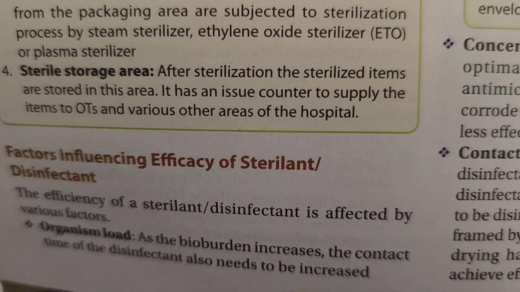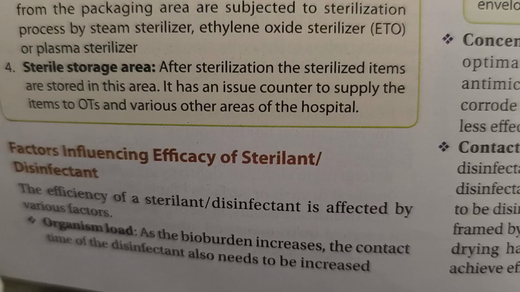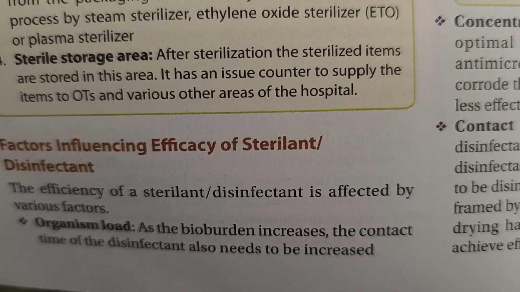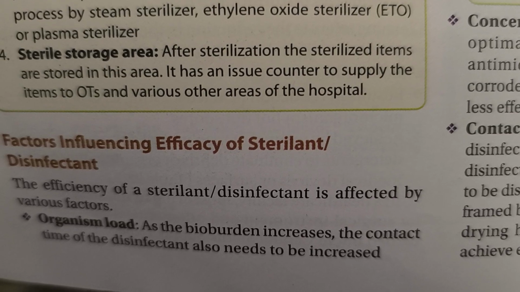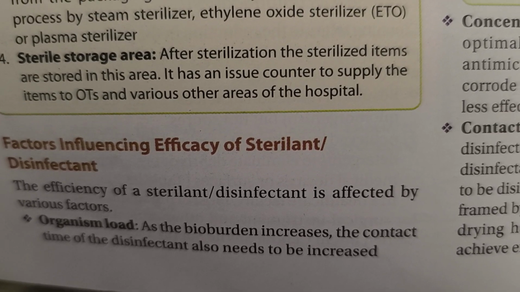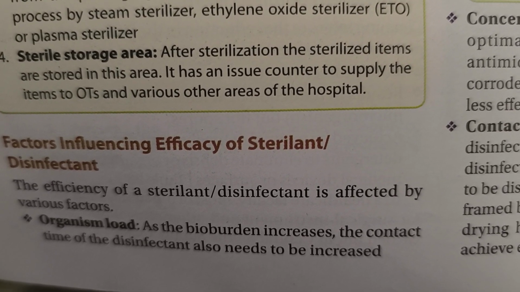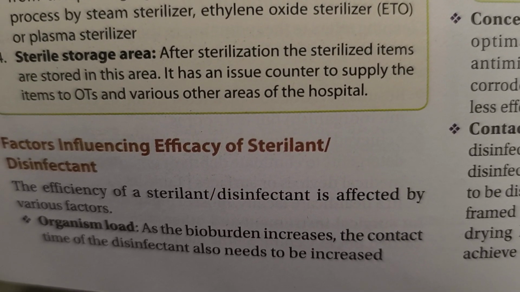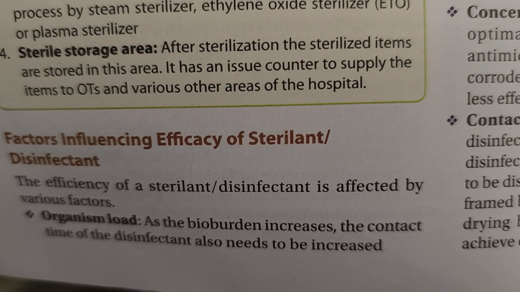Factors influencing the efficiency of sterilant or disinfectant. The efficiency of a sterilant or disinfectant is affected by various factors. Organism load. As the bioburden increases, the contact time of the disinfectant also needs to be increased.